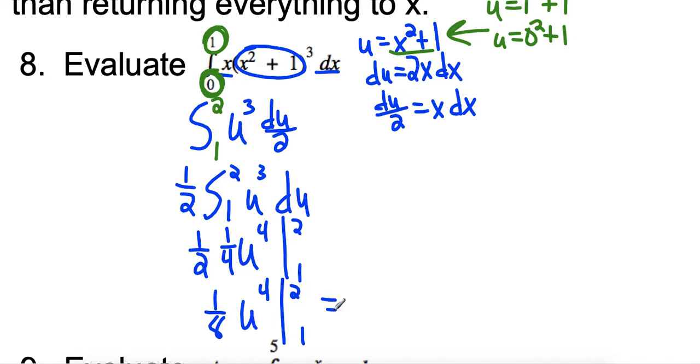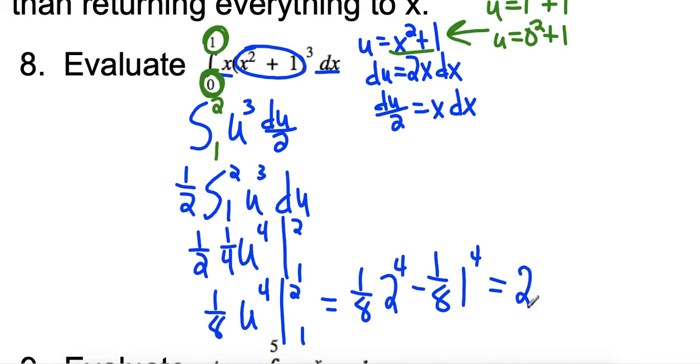So we'll plug in the 2. So 1/8, 2 to the 4th, minus 1/8, and then plug in the 1 to the 4th. All right, 2 to the 4th is 16, so 16 divided by 8 is 2, and then we have 2 minus 1/8, so our answer is going to be 1 7/8.